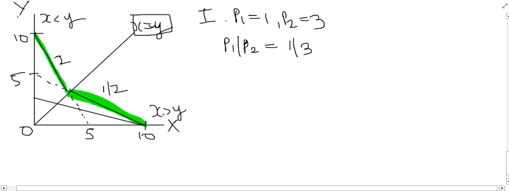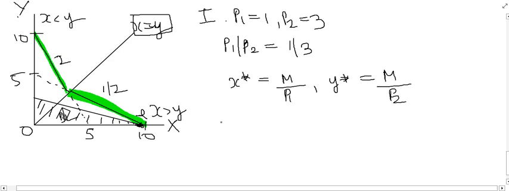Now looking at the budget line and the IC, we need to reach the highest IC. The highest IC would lie here only, since bundles beyond this are not affordable; our budget set is only in this area. So this would be our equilibrium bundle, where x star equals m by p1 and y star equals m by p2.